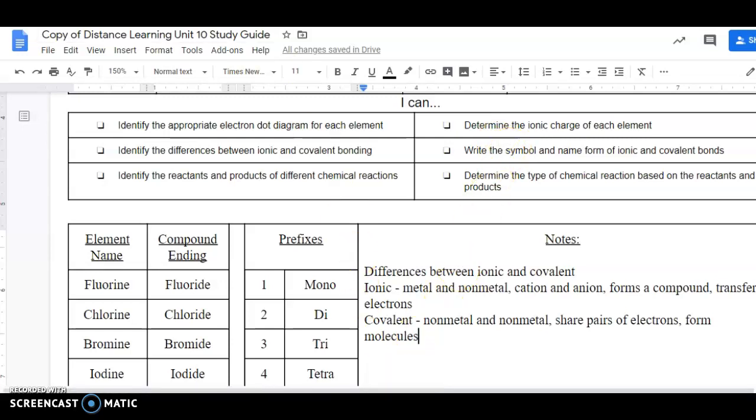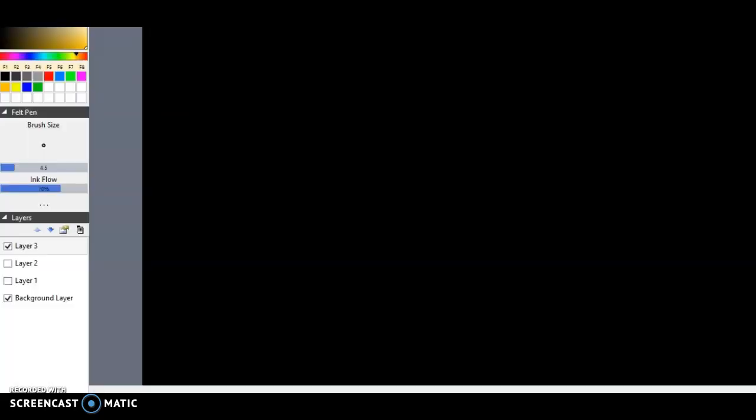So I'm going to switch screens again here, and I'm going to write out some ionic charge, determining how to identify the ionic charge of each element. Alright, the ionic charge of an element is determined by its valence electrons.